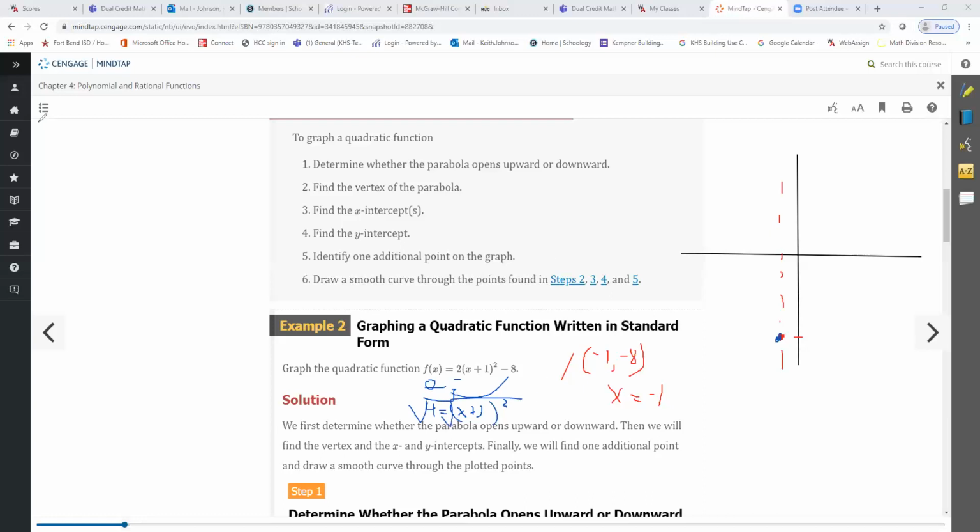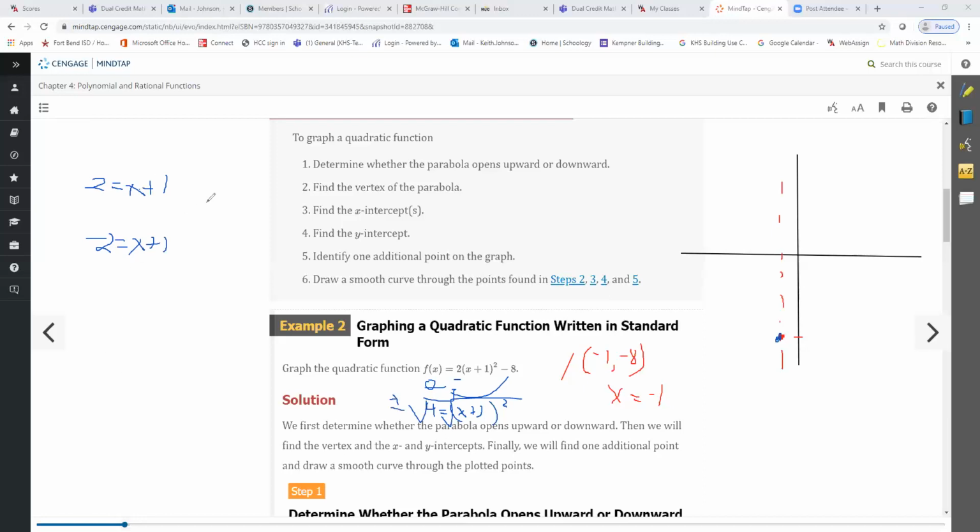So in this x-intercept, I'm going to get 2 is equal to x plus 1. But we're also going to get negative 2 is equal to x plus 1. Because when I do the square root to both sides, we get a plus or minus right there.